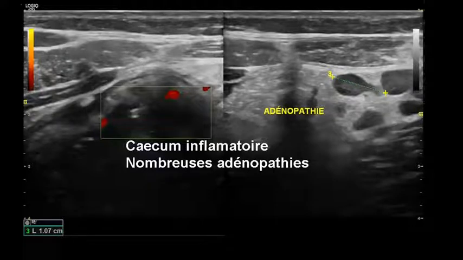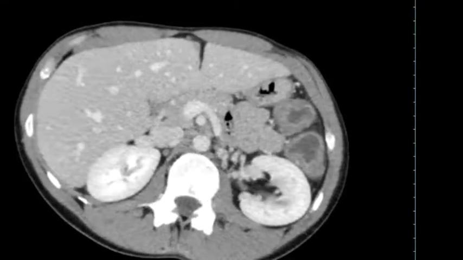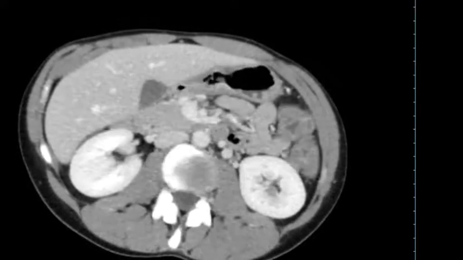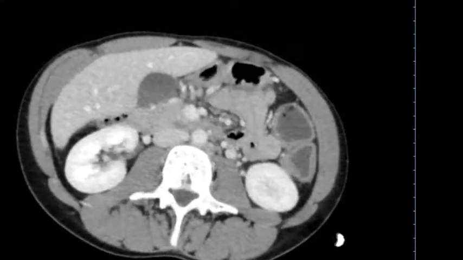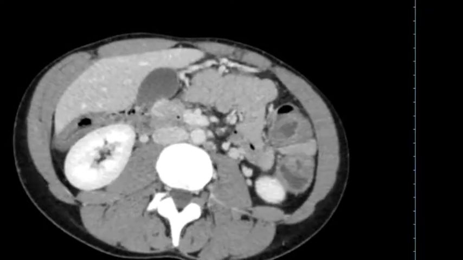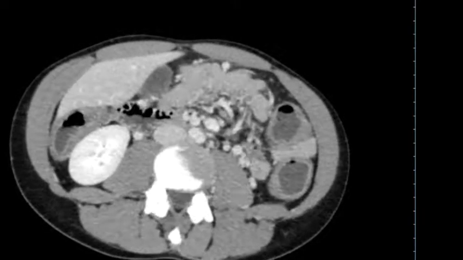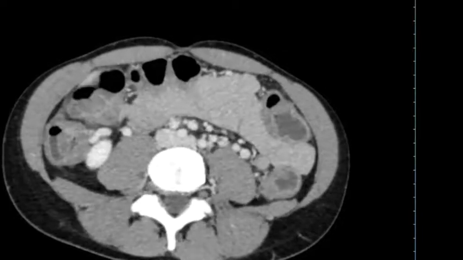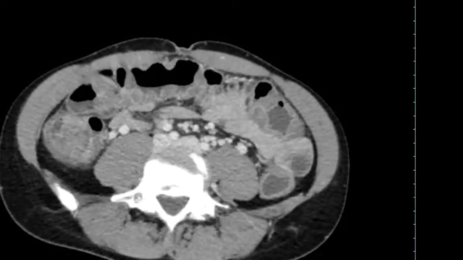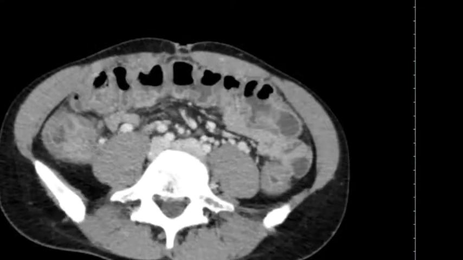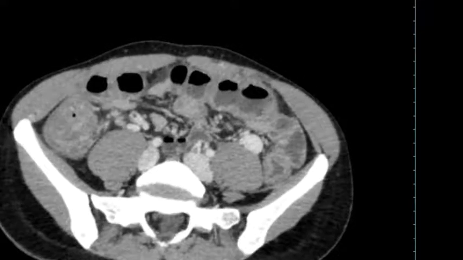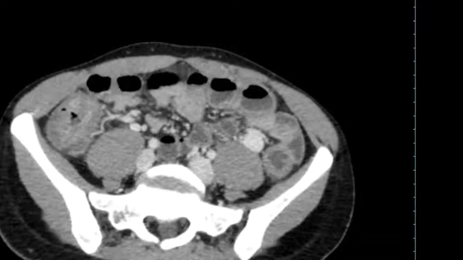And we now compare with the result of the CT scan, and you can see in the CT scan the left colitis, which is not so important, but on the right side, near the liver, you can see a very large wall of the right colon, and as in echography, you can see a very difficult image, undifferentiated between stools and bowel wall.